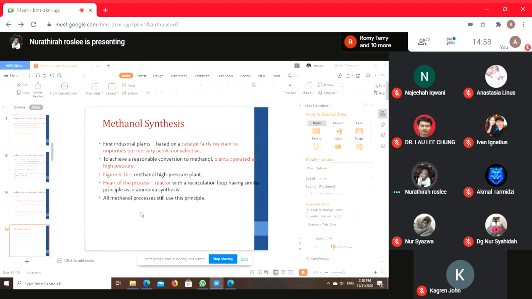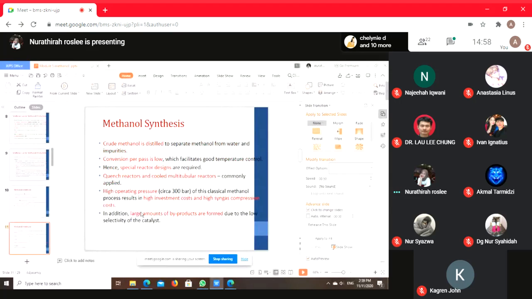All the methanol processes still use this principle. Crude methanol is distilled to separate methanol from water and impurities. Conversion per pass is low, so good temperature control and special reactor design are required.